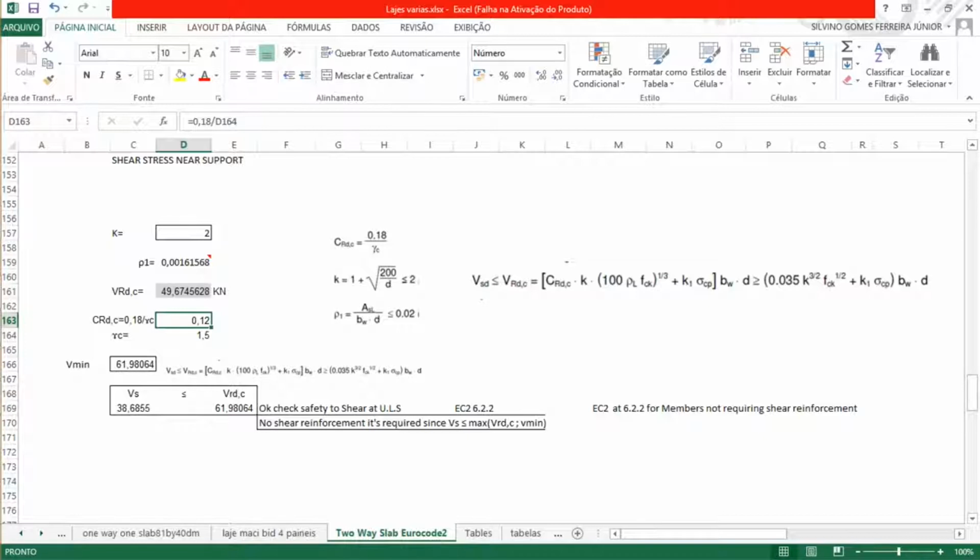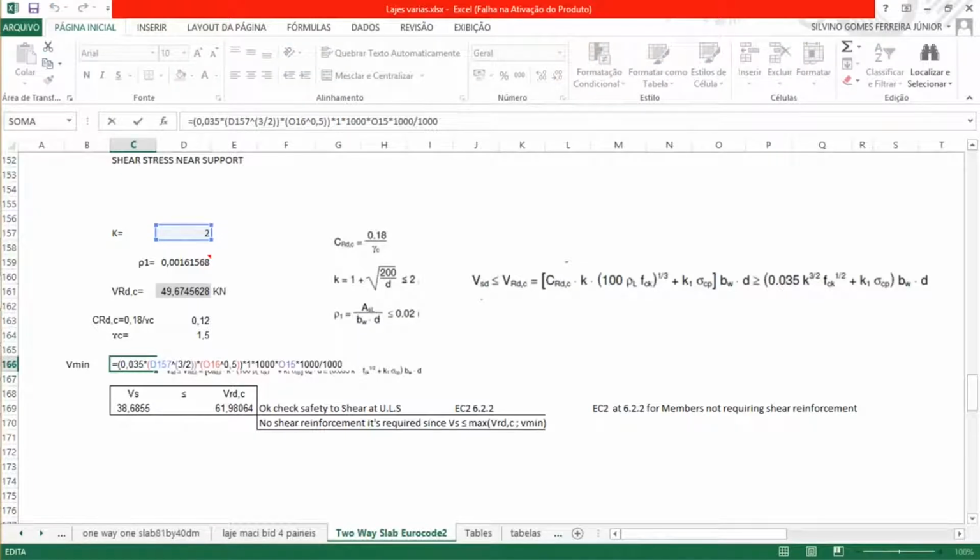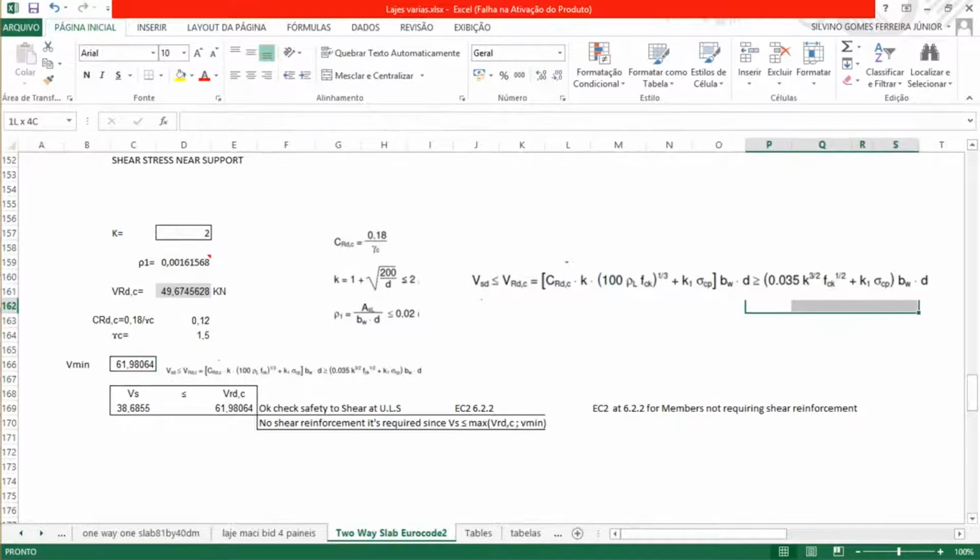So for the minimum shear, it will be equal to 0.035, that is on this expression, multiplied by K, that is 2, multiplied by FCK of concrete, that is 20, divided by this, plus K1, that this is already 0 because there is no axial force.